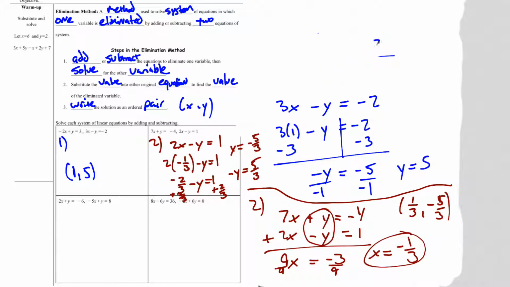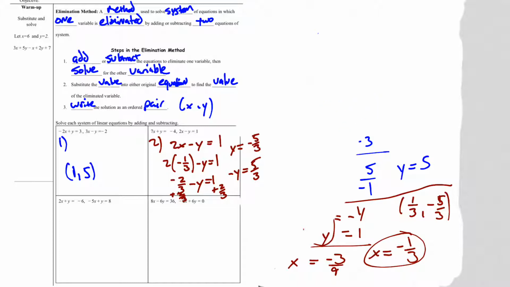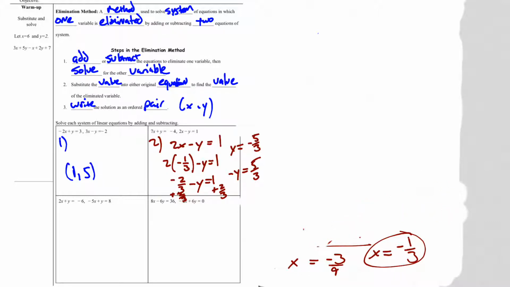I'm erasing this work now, and I'm going to do the other two examples with the open space that I have here. Hopefully you can write right in the space that you have, but perhaps not. In any event, you can see these other two examples as I continue to work them out. So here's two more examples of the elimination method.